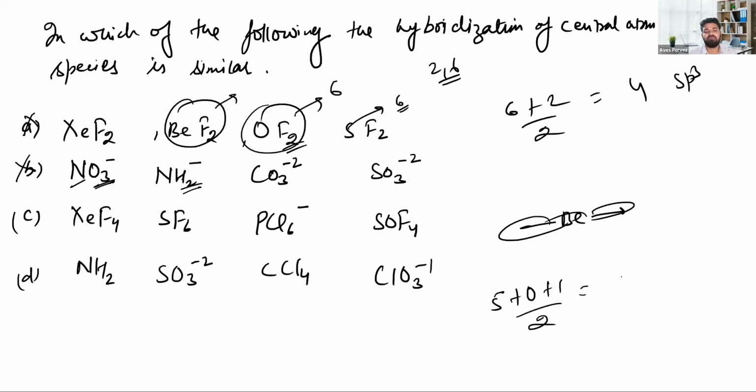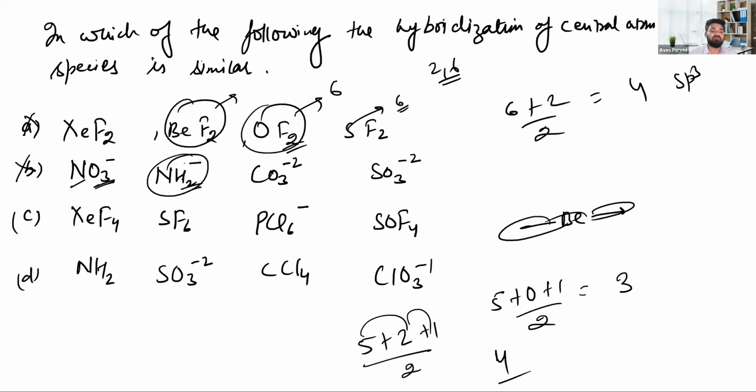So 6 divided by 2, you will get 3 as the hybridization number. But here you will get 5, 2 monovalent atoms and 1 negative charge divided by 2. Here the total is 5 plus 2, 7 plus 1, 8, so 4. So here is sp3 hybridization and here is sp2 hybridization. So the hybridization is changing.